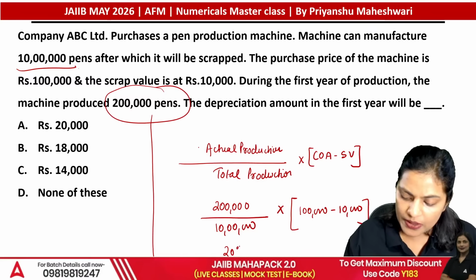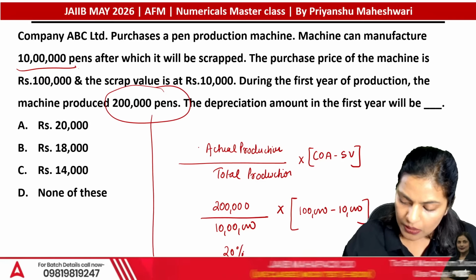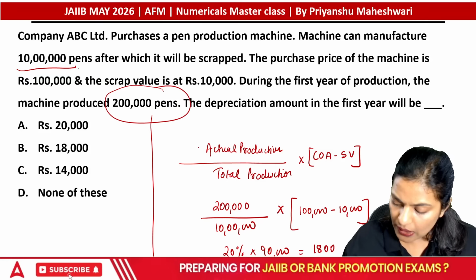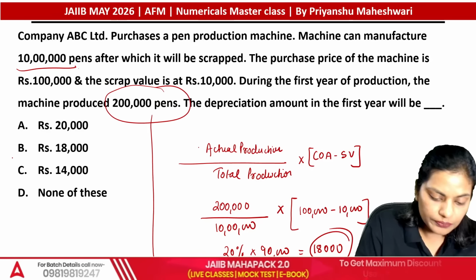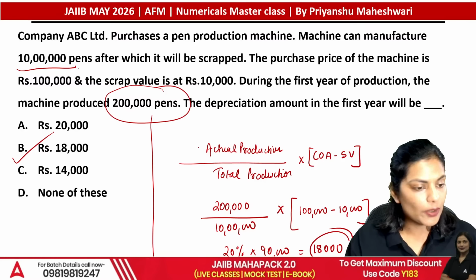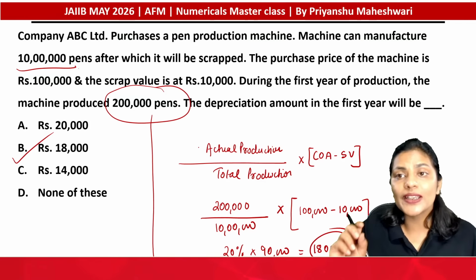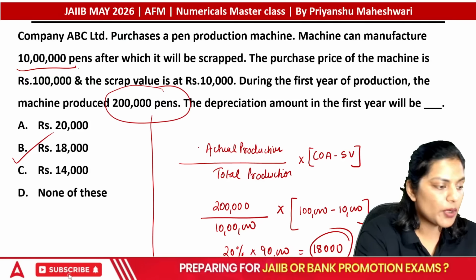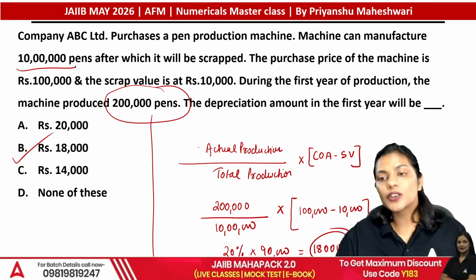So 20% basically, right, of 90,000 will give us 18,000. Correct? That's option number B. I hope this part is clear to everyone. That's how we calculate production method. Right? Production method, we focus on the unit of production.